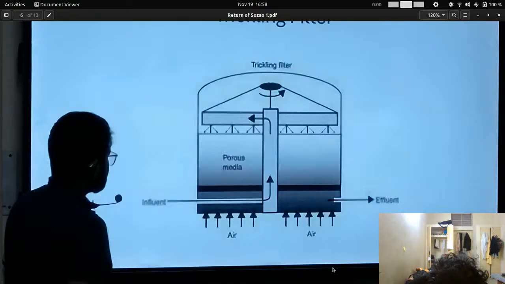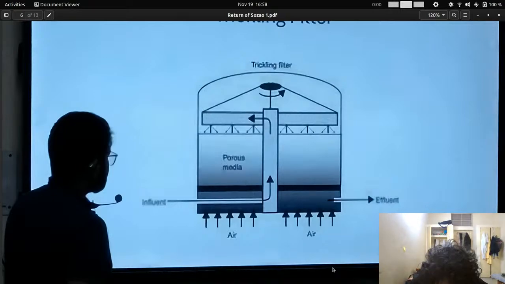Air going in porous medium. So this medium is porous. So the water comes in.